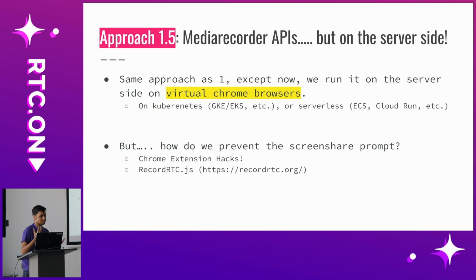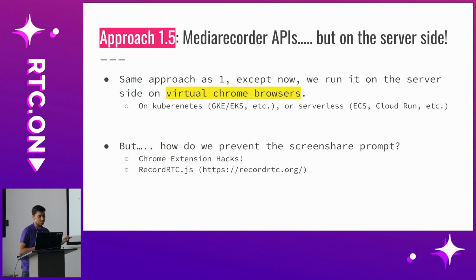You run the browser there and join the meeting, and then you use the MediaRecorder API there to record the browser. The benefit is that you move away from all of those client-side issues I talked about, where if a peer drops from the meeting, there won't be one source of truth for the recording.